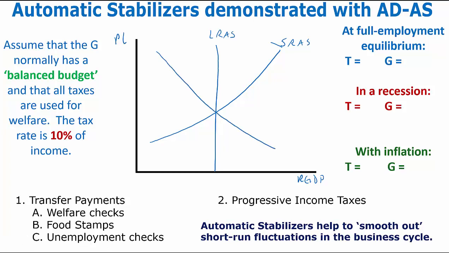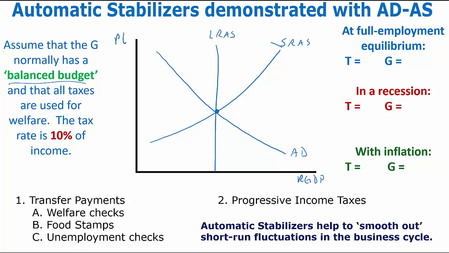So let's pretend we're sitting here at a full employment, long-run equilibrium economy. Everything's going great. Okay? There are some assumptions here. It says that the government normally has a balanced budget, so they tax, and then that's exactly how much they spend. So they never have to borrow money in this example, okay? They normally have a balanced budget.